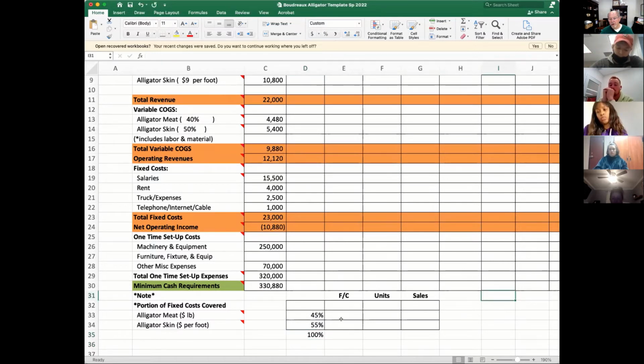So now what we know is that the fixed cost is 23,000. We multiply it times 45%.